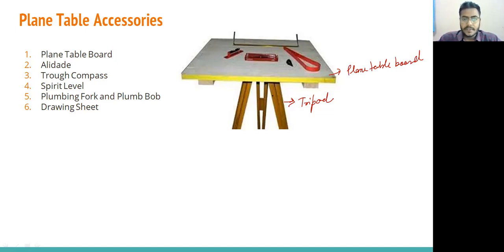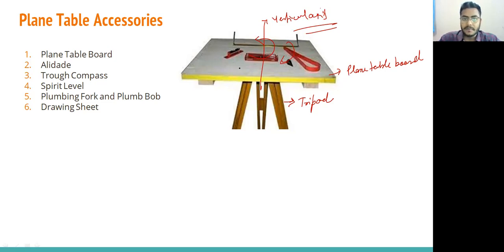So this is the tripod, and the board is mounted in such a way that it can be freely moved along the vertical axis. Like it can rotate like this. You can move like this, for example through this vertical axis. And we can clamp at any position.